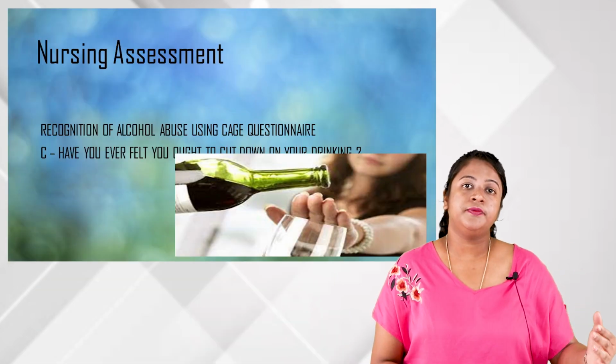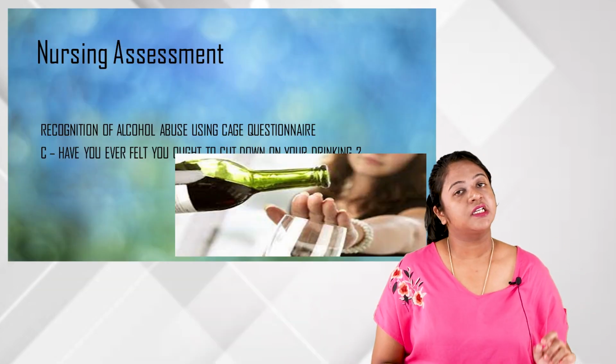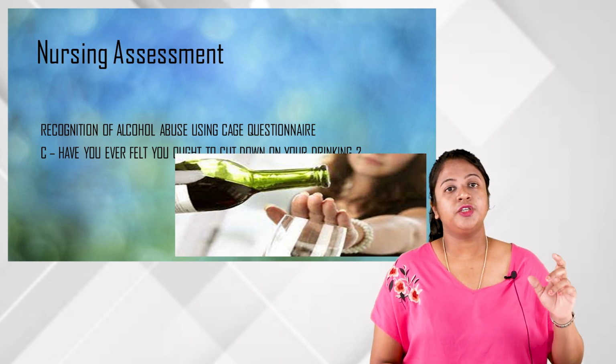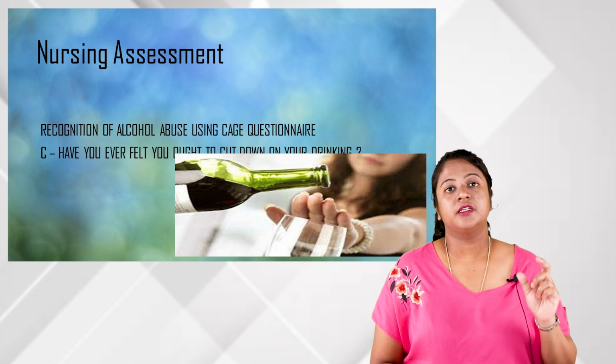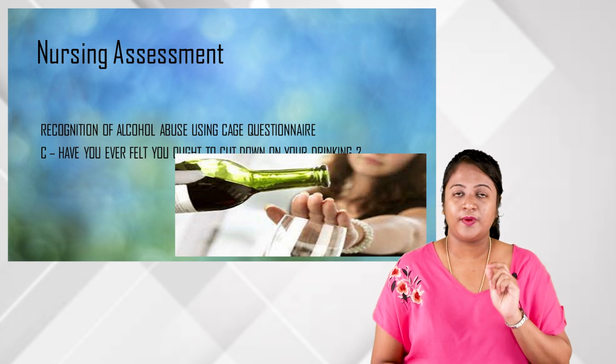We have a set of questions that you may require to get an answer from the client to reach a diagnosis, right? So we have a questionnaire known as the CAGE questionnaire. You're going to question the client based on these few topics. So what is this CAGE questionnaire?